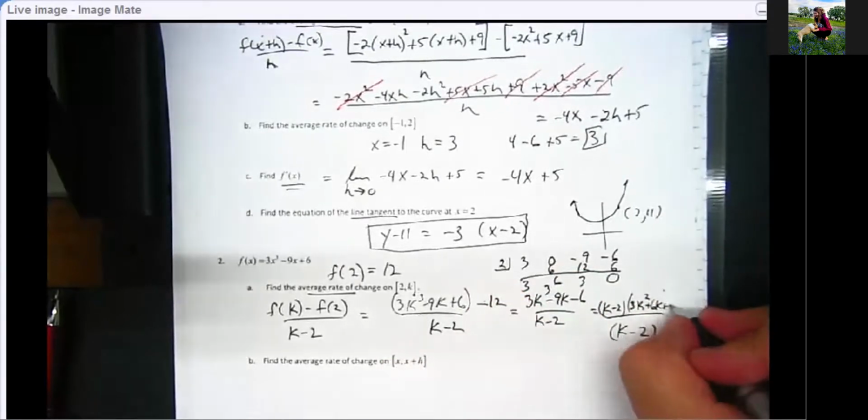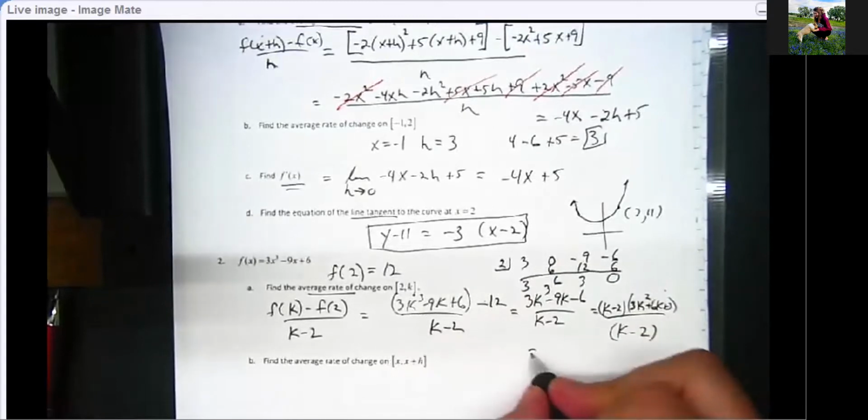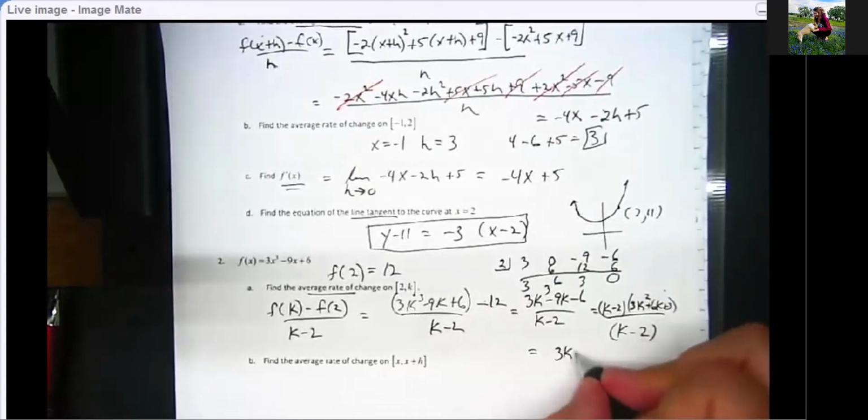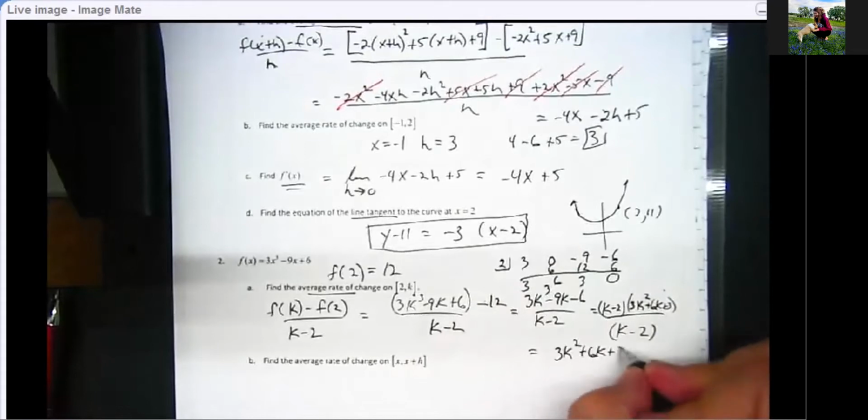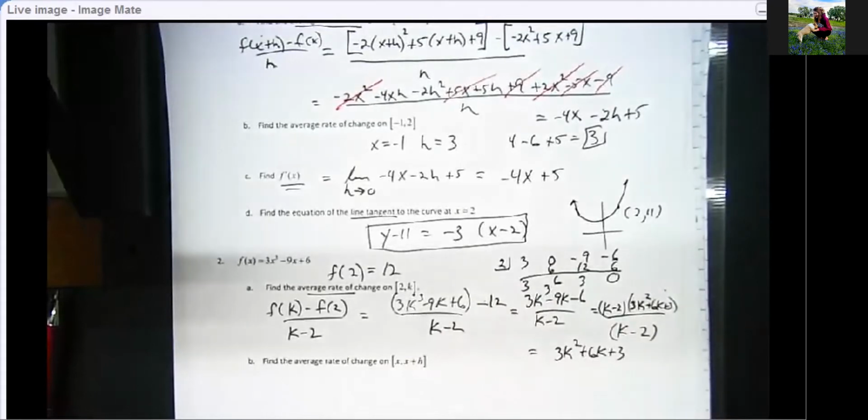So by design, notice everything canceled out again, and so we got 3k squared plus 6k plus 3. Now, again, that stopped right there because I don't know what k is. The slope between the point 2 and any other point would be this one right here. It's good, but it's not that good.